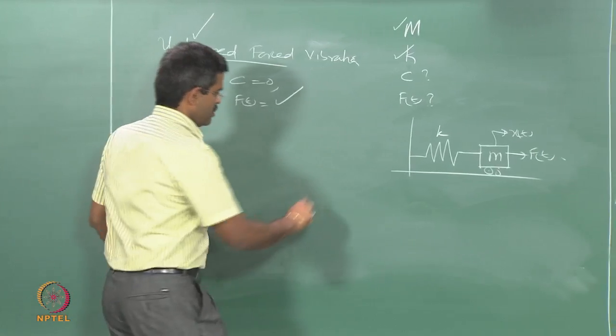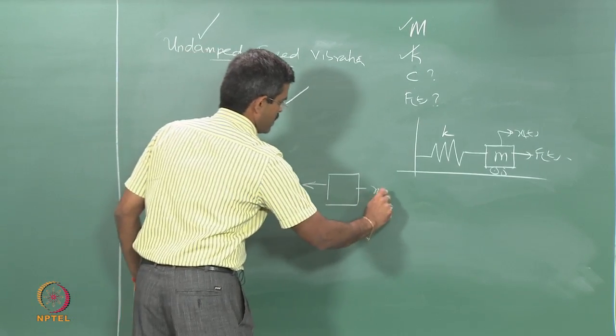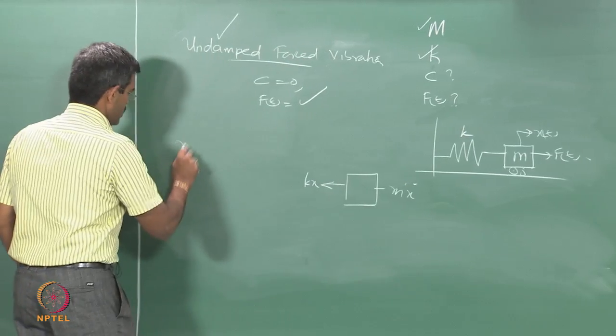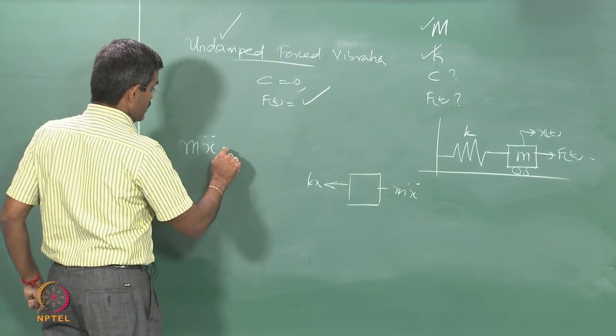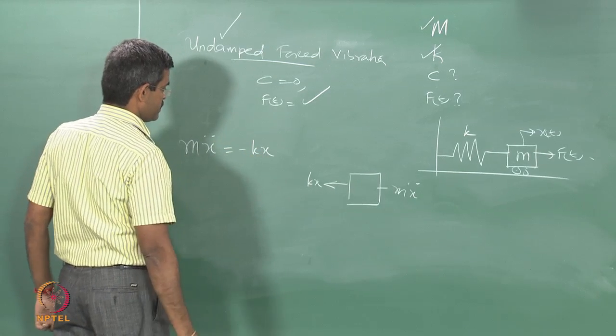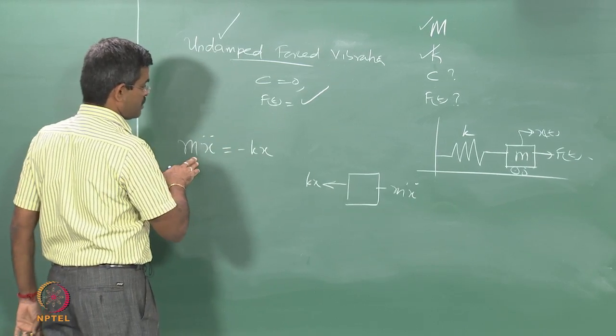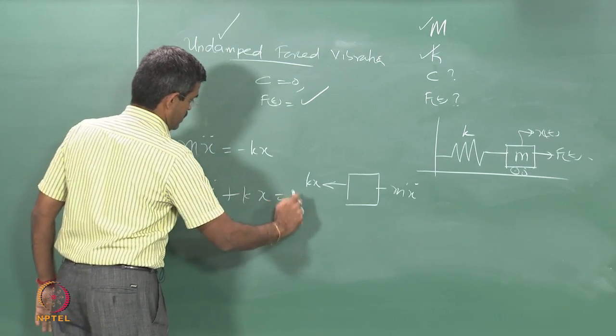I can draw Newton's motion for this, which is kx, which is m x double dot. So m x double dot will be equal to minus kx, which should be force into acceleration. So m x double dot plus kx is 0.